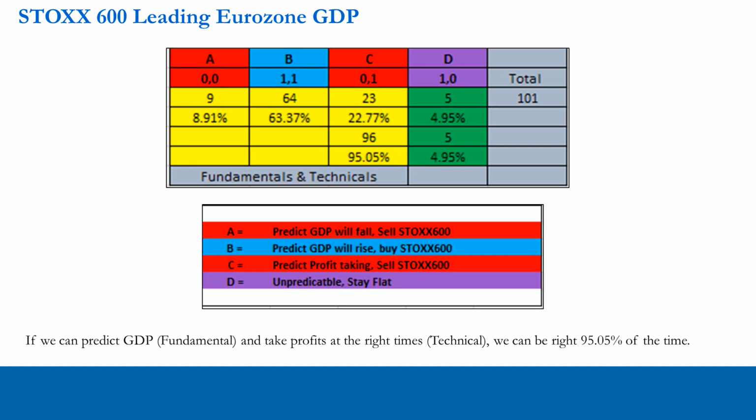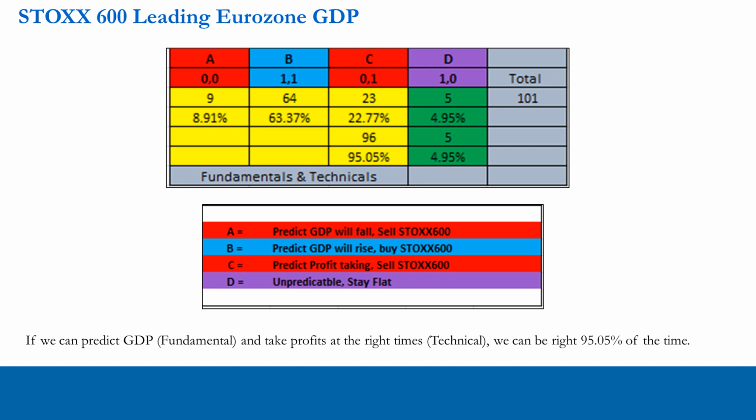We get the profit-taking or technical outcome. So if we can predict GDP fundamentally and take profits at the right times, technically, we can be right 95% of the time when predicting the Stoxx 600 move leading Eurozone GDP.